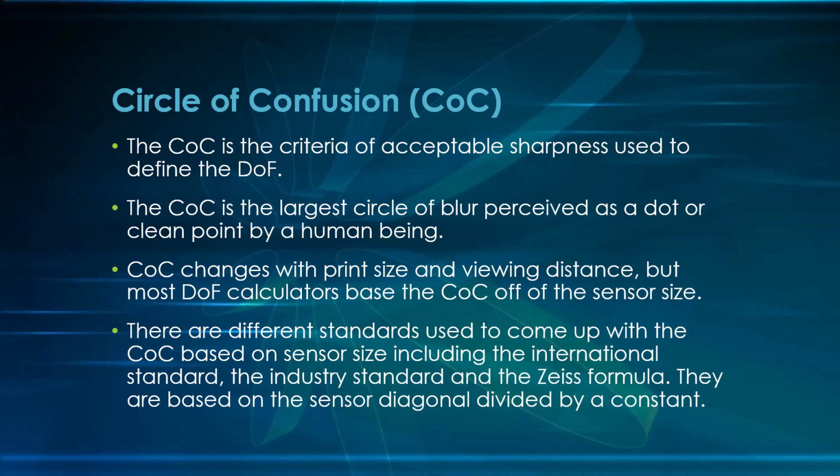They are based on the sensor diagonal divided by a constant. Each one of these standards selects a constant, and then depending on what the sensor size is, it divides that into the sensor size to come up with a number for circle of confusion.